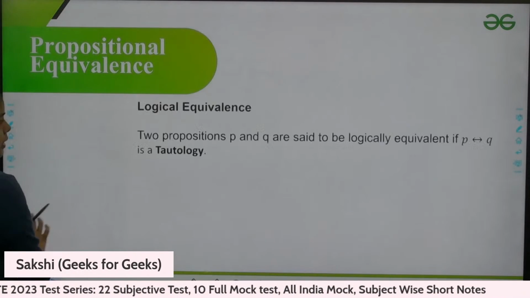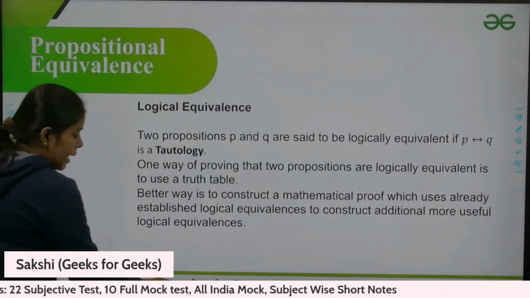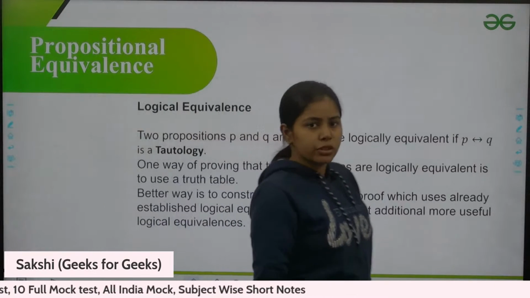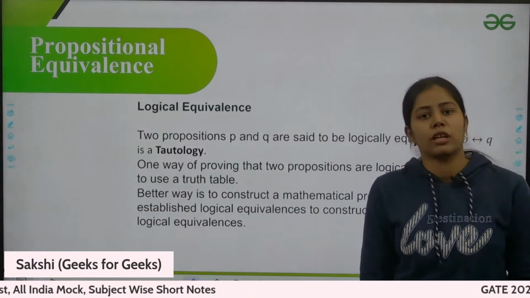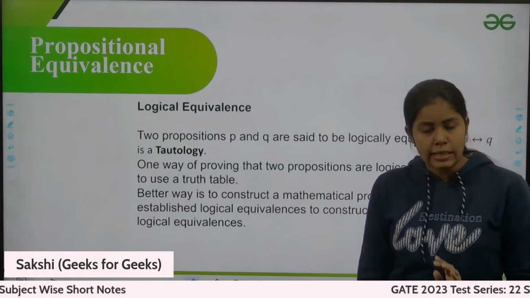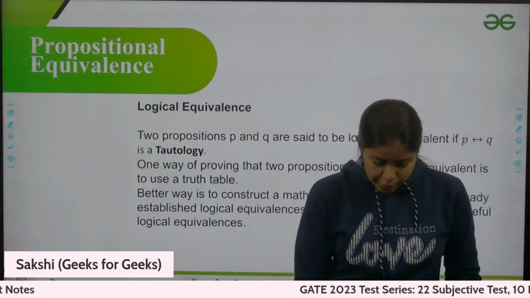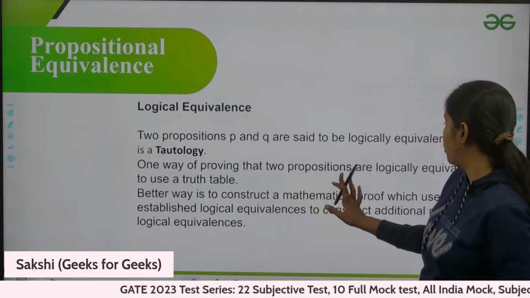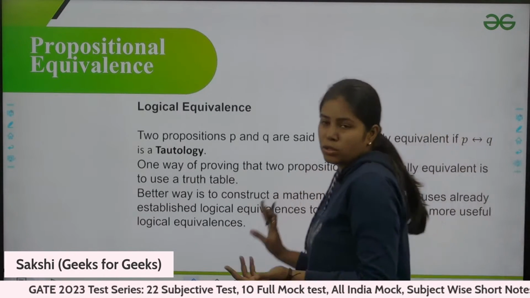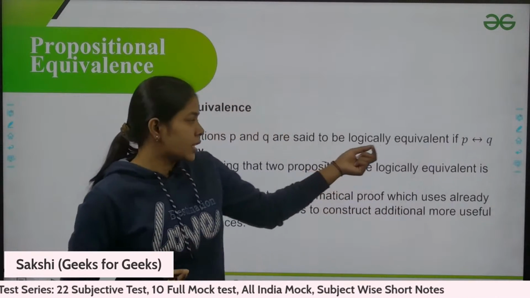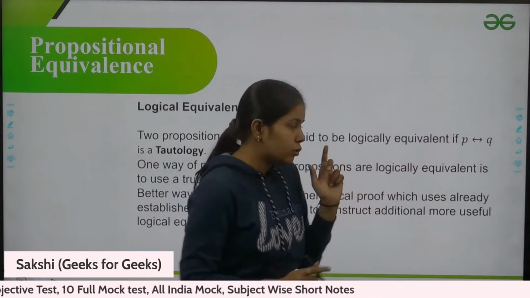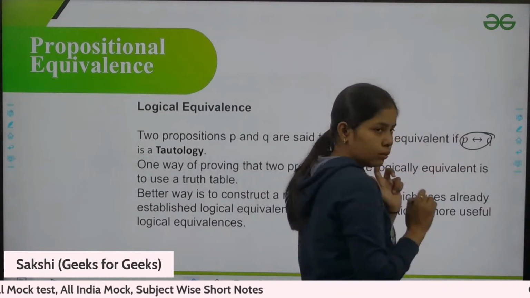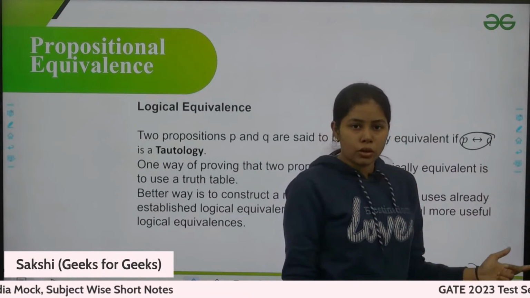Okay, next we have propositional equivalence. As I told you, what is propositional equivalence? If two statements have the same truth value, I'll say that they are propositionally equivalent. I can also say that if they have the same truth value, then this will always be true, so I can say that this will be a tautology.